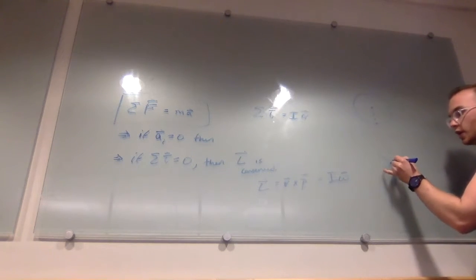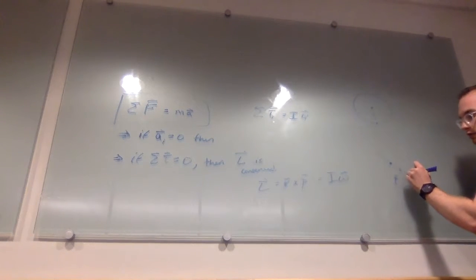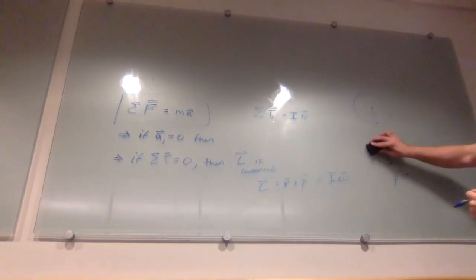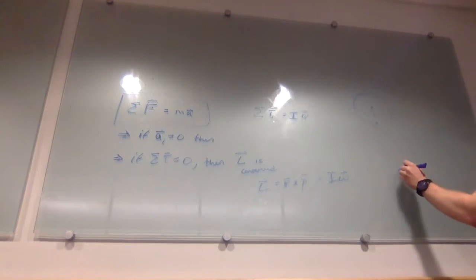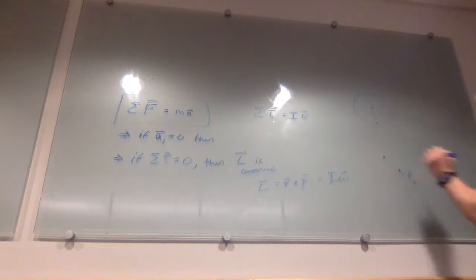R is the distance from where the object is. Let's say it's like here. I shouldn't draw the whole path of the object, I should just draw the momentum vector. The object is here, and let's say I'm picking this point as my angular momentum reference point.